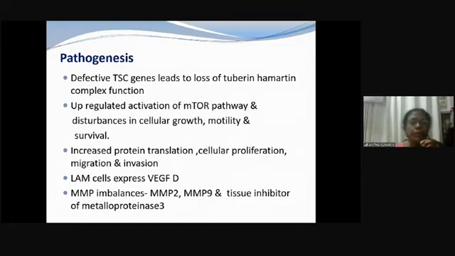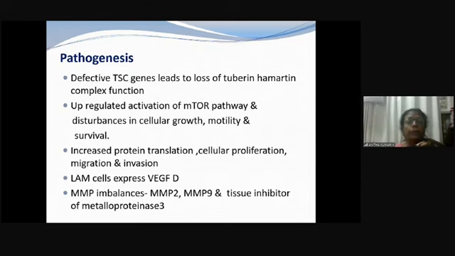In addition, there is upregulated activation of the mTOR pathway, which results in disturbances in cell growth, motility, and survival, with increased protein translation, cellular proliferation, migration, and invasion. In addition, the LAM cells express the lymphangiogenic VEGF-D, and imbalances in matrix metalloproteases are also implicated.